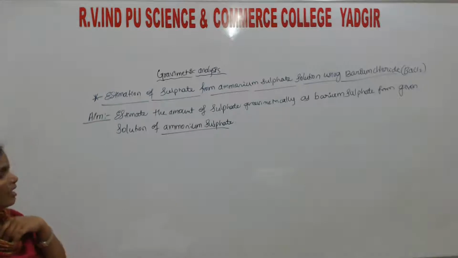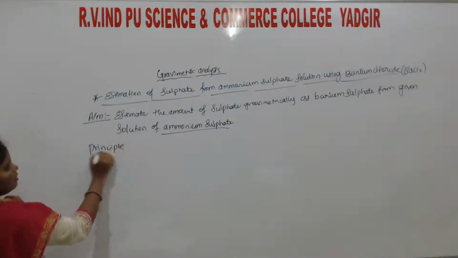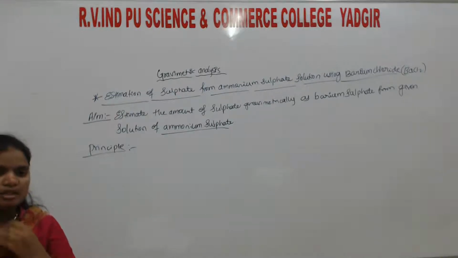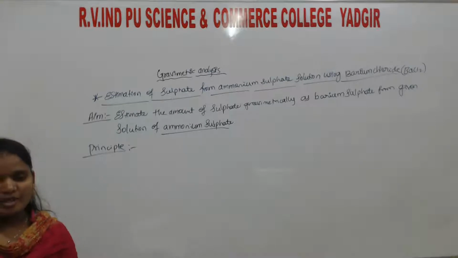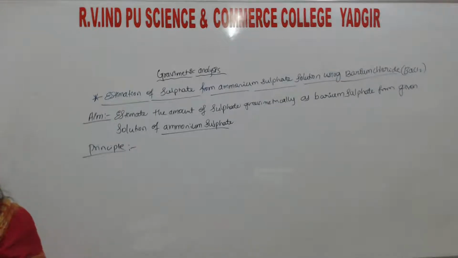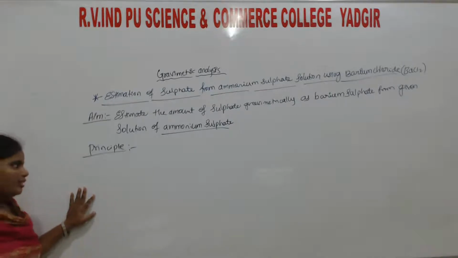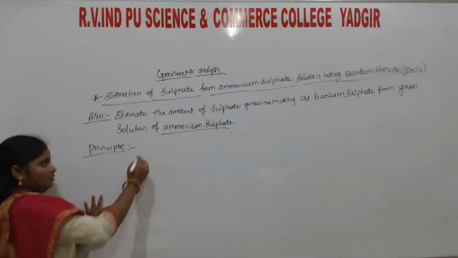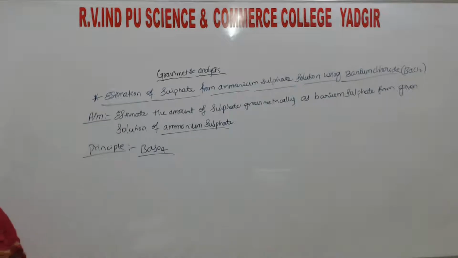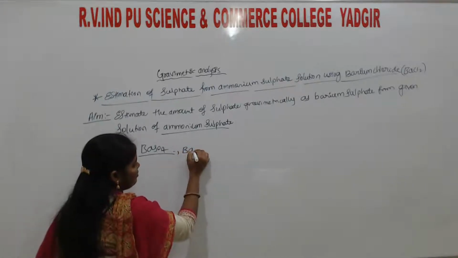This is the aim, and now the principle. The sulfate is precipitated as barium sulfate by adding the precipitating reagent, hot barium chloride, BaCl2.